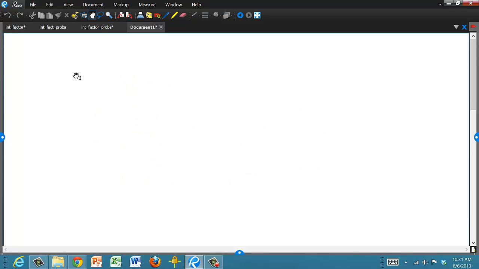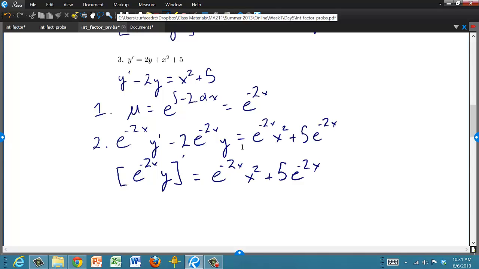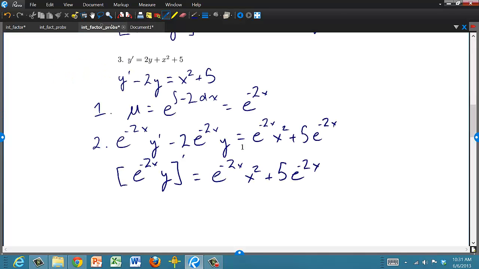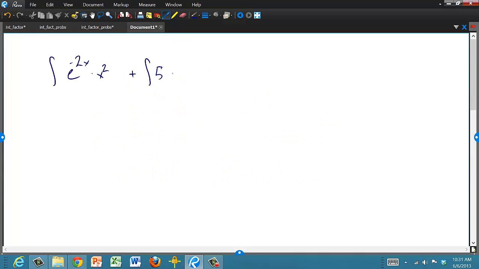So what you want is the integral of, let's check again, e to the minus 2x x squared, and you want the integral of something else, 5e to the minus 2x. So that one's easy. And this one you need to remember to do. This is just integration by parts.